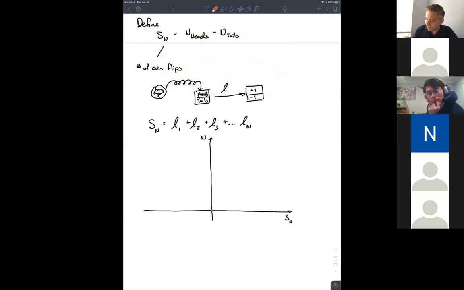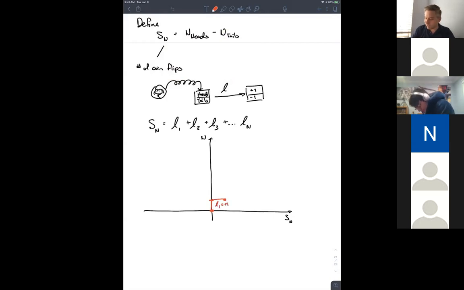I start off here at the origin, and then I flip a coin. I come up here to n equals 1. At n equals 1, I'm either going to get heads, which means I go to the right, that is +1, or I get tails, and I go to the left, -1. So let's say I flip it and I get heads. So I would come over here. So this would be L1 equals +1.